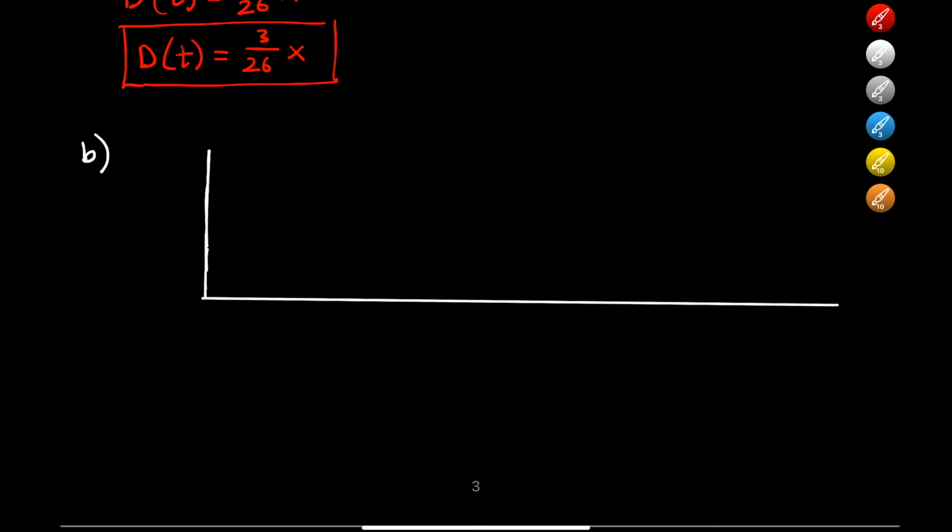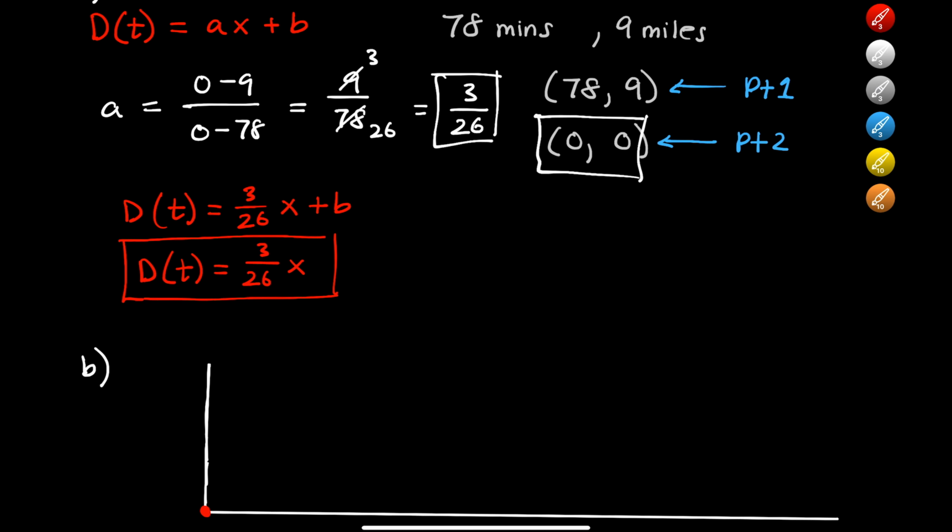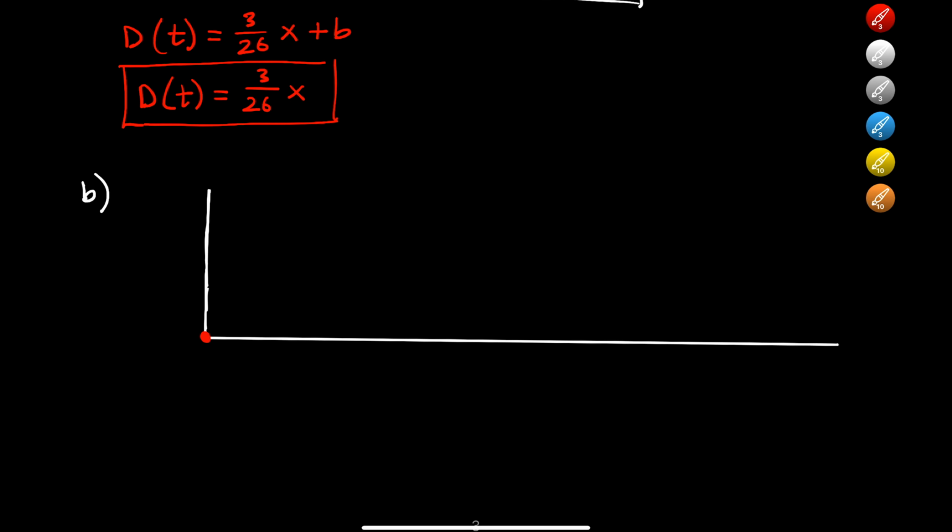So we know that there's a point 0, 0. There's also a point 78, 9. So it goes all the way to 78. Let's call that 78. Let's call this 9.